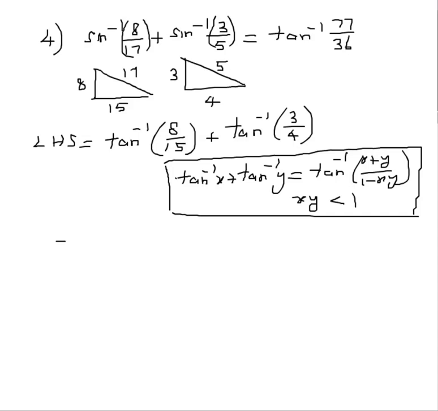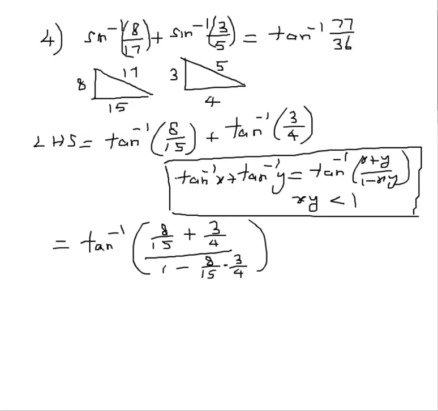Tan inverse of x plus y. So 8 by 15 plus 3 by 4 divided by 1 minus x into y, 8 by 15 into 3 by 4. Take LCM and simplify. 32 plus 45 by 60 minus 24.